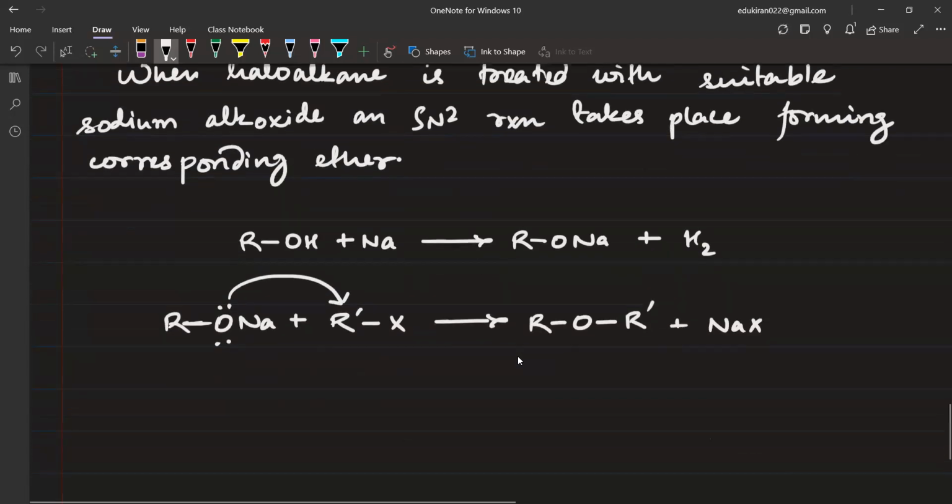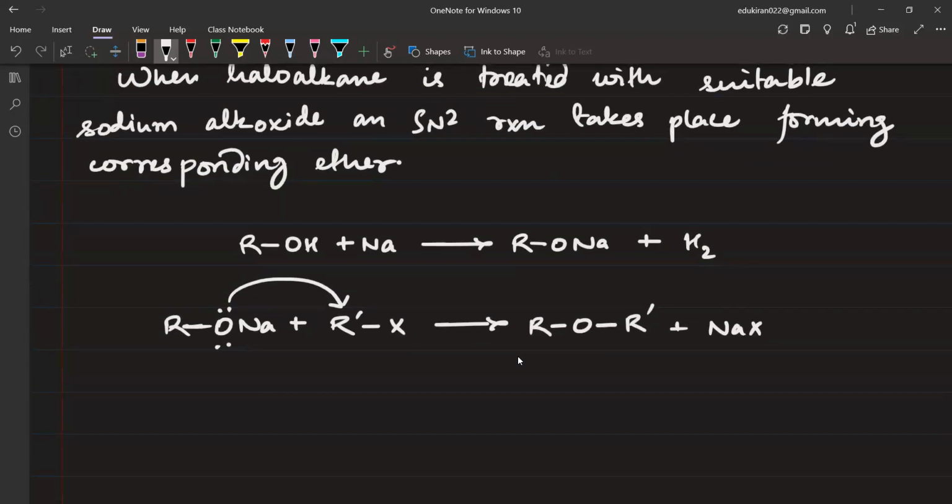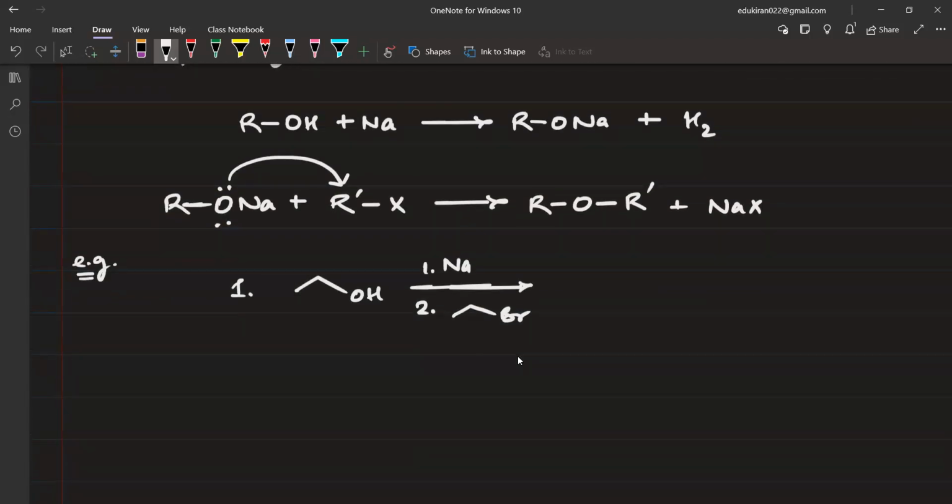हाँ जी. इसके बाद जरा आप लोग एग्जांपल्स लिख लीजिए. तो first step Na. Second step, let us suppose we have Br like this, 2 carbon atoms. So identify the alkyl group in both the cases. What is the alkyl group in alcohol, or alkoxide can also be present. Okay, don't worry. For example, you can have something like this also. ONa, and then you can treat this with, for example, CH3Br.